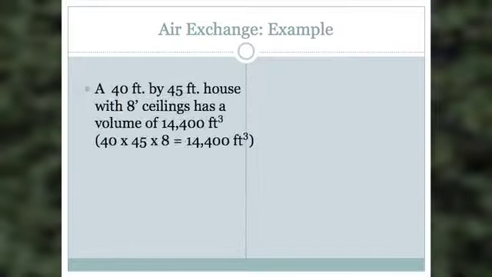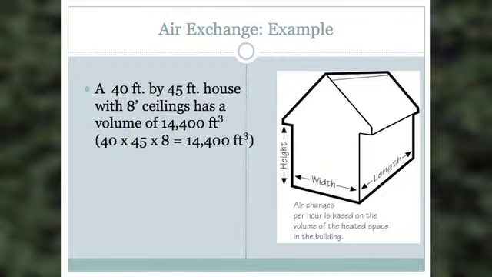So here's an example of how this works. On this house that was 40 feet by 45 feet with 8-foot ceilings and a volume of 14,400 cubic feet, we ran a blower door, and the blower door number came back 2,050 CFM.